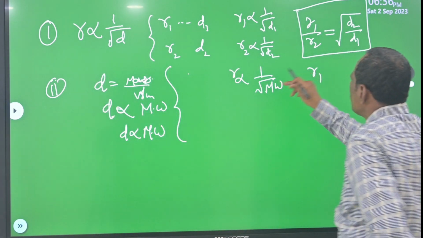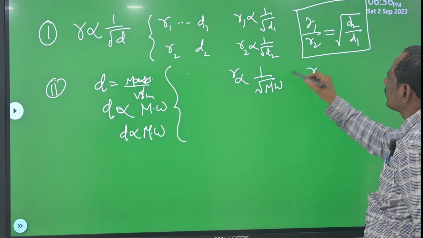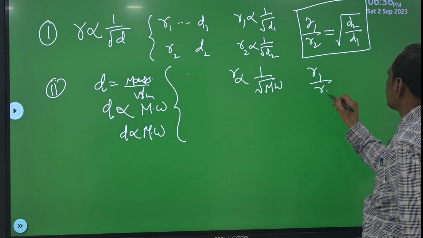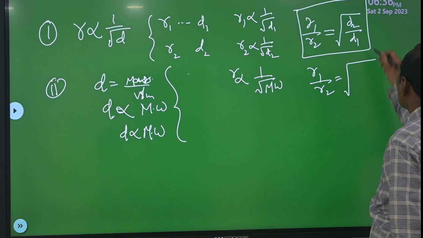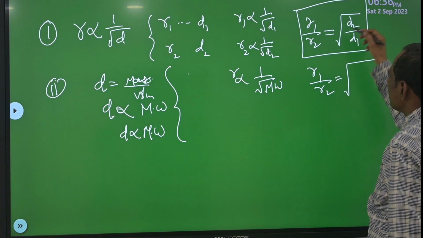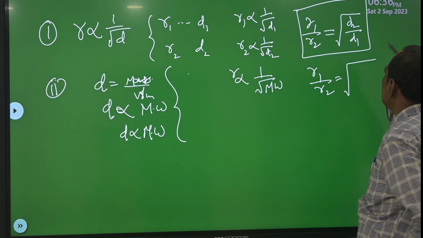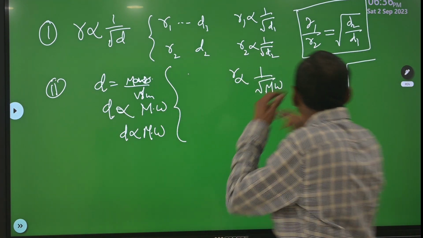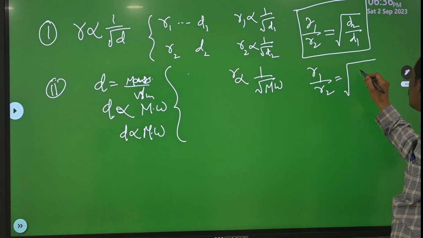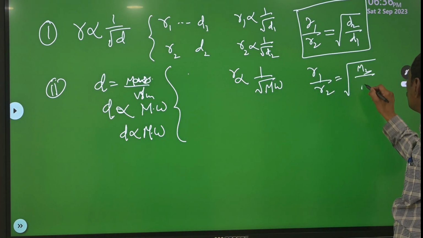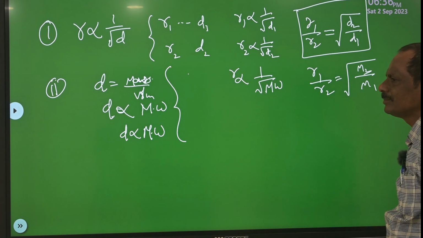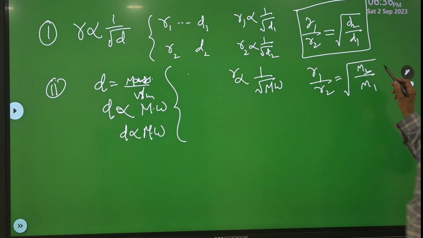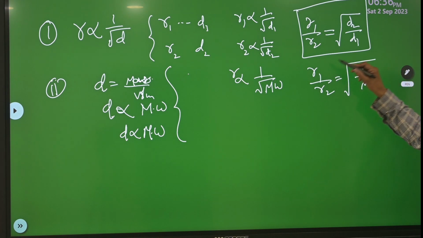Therefore, instead of density, if we take the molecular weight, then R1 by R2 is equal to root of D2 by D1. Because the density is directly proportional to the molecular weight, instead of D2 by D1, you may take M2 by M1. Therefore, we can calculate the molecular weight of an unknown gas by comparing its rate of diffusion with a known gas.